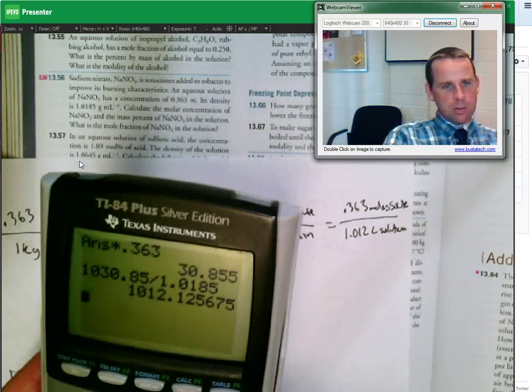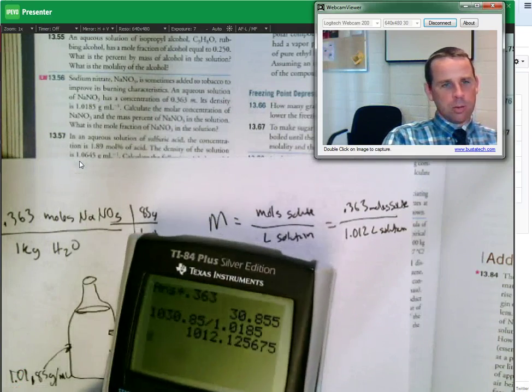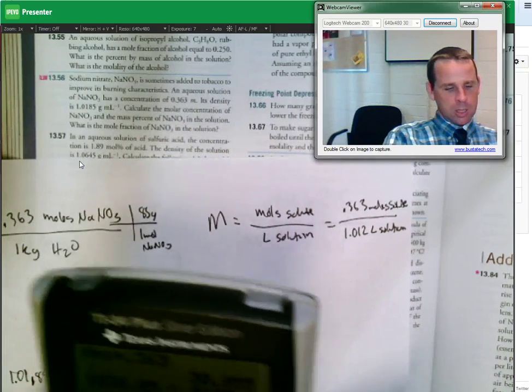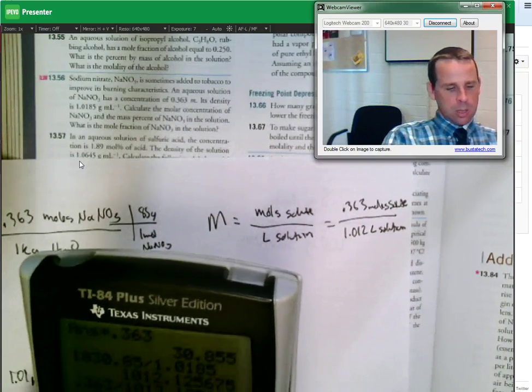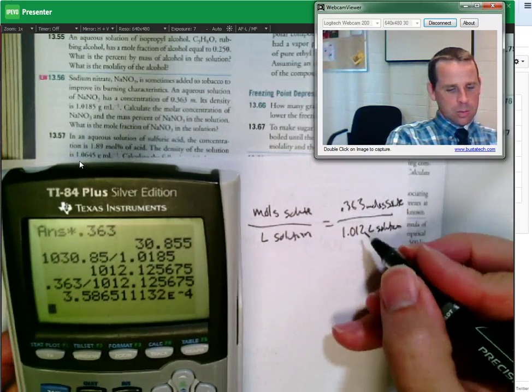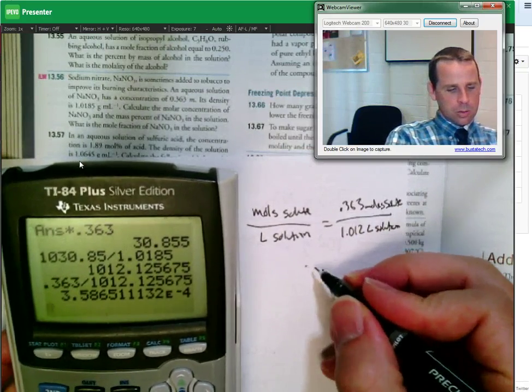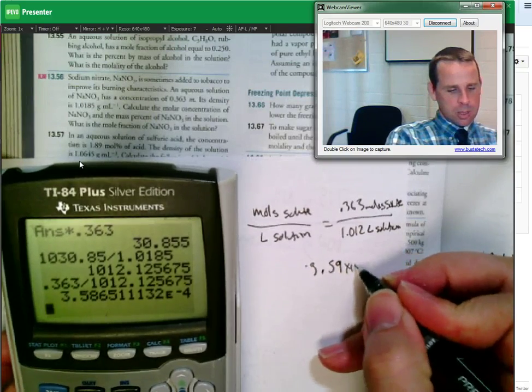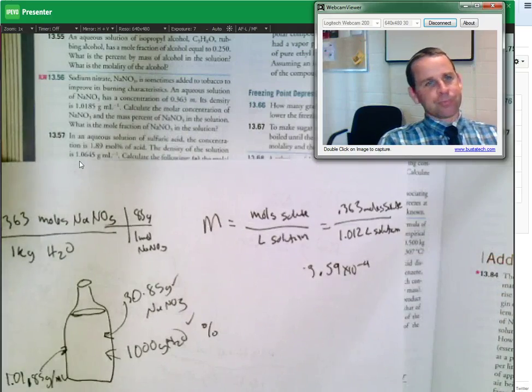So I take 0.363 divided by this value here, and my molarity is 3.59 times 10 to the minus 4.